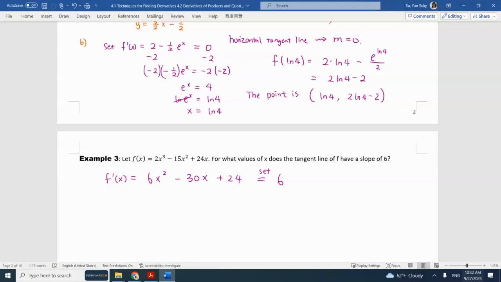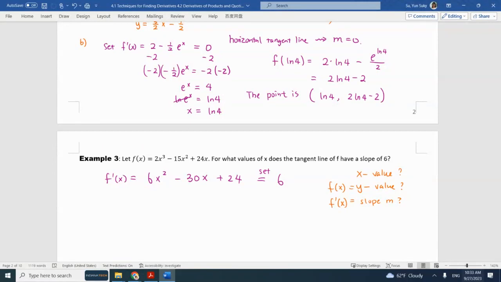Okay, so slope is 6. Here, make sure you understand 3 concepts. Is it an x value? Is it a y value? Is it the slope? The x value is the x coordinate. The y value is actually the function f of x. The slope is the derivative.